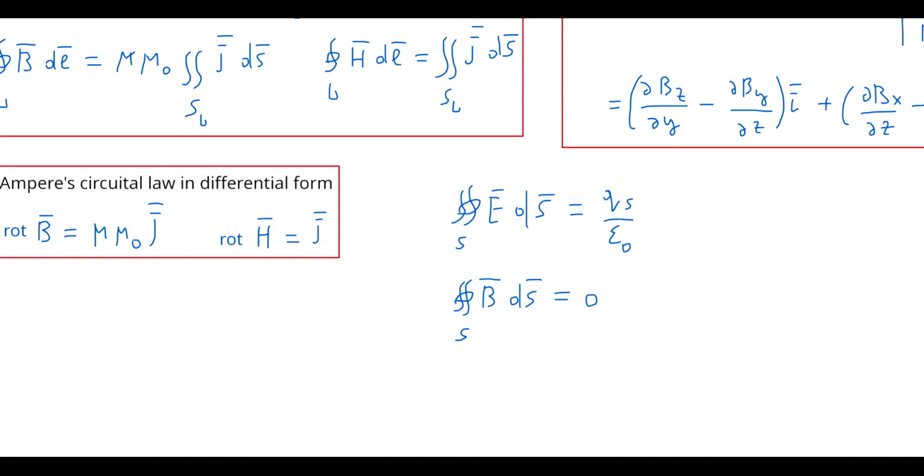So here we have Gauss law for magnetism, integral form.